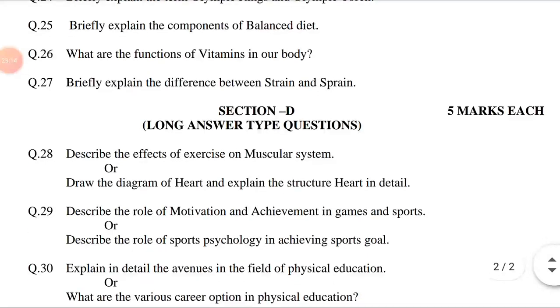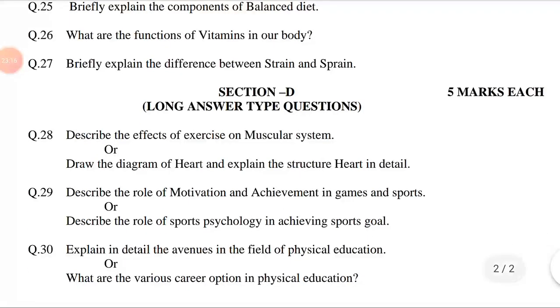Extra. Question number 25. Briefly explain the components of balanced diet. Components means several parts of which something is made. Balanced diet, a diet consisting of a variety of different types of food.